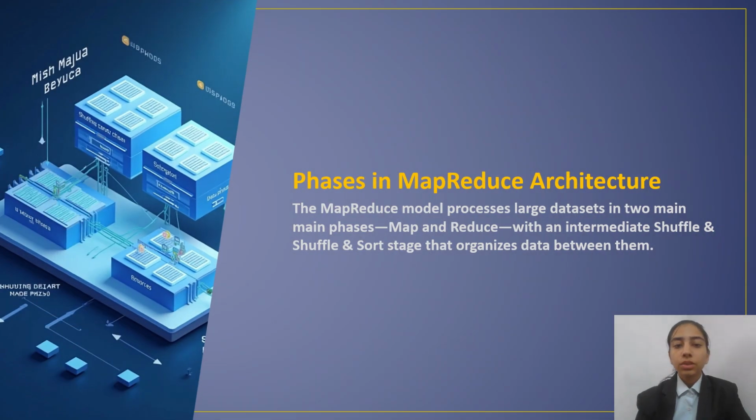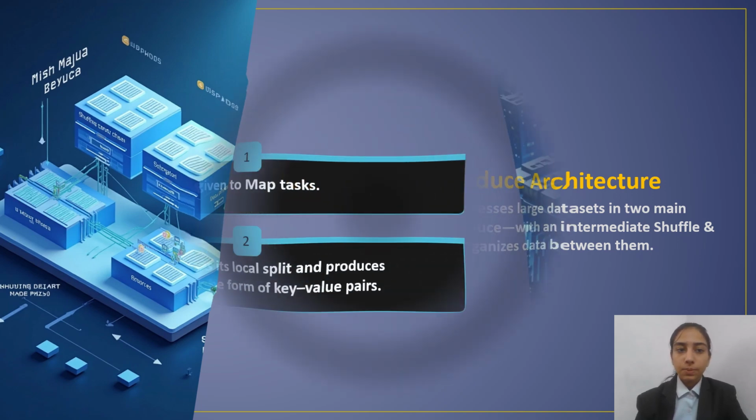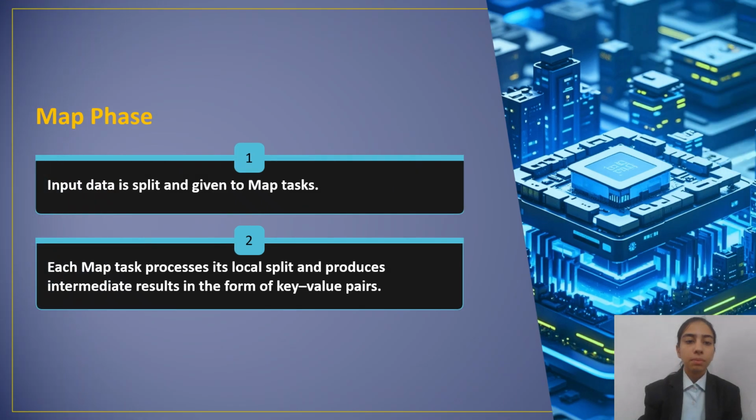Now talking about the phases of MapReduce architecture. There are three main phases. One is map phase, second is shuffle and sort phase, and third one is reduce phase. Talking about the map phase. In this phase, the input data is divided into small parts called splits.